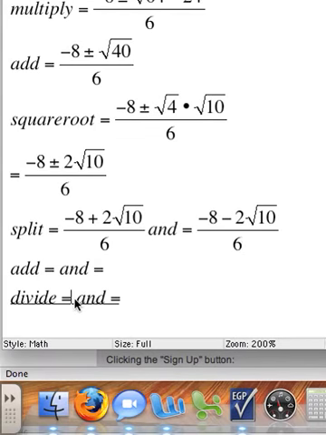No reason to add here. I can't add a whole number and a square root, so I'm not going to.